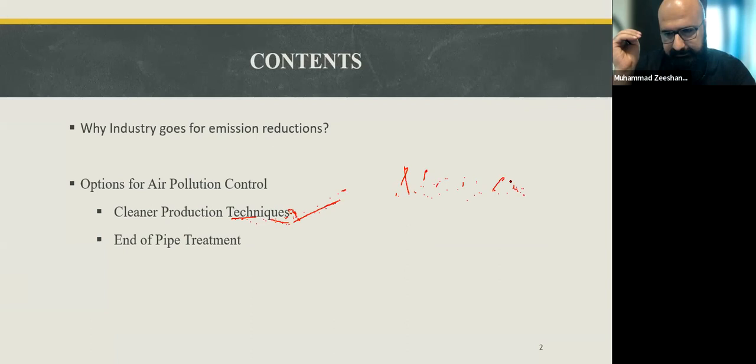All those efforts which are done to reduce those emissions, we produce the same 1 ton of cement, but producing a lesser amount of emissions, less than X ton, would be categorized as cleaner production techniques. But no matter to what degree we reduce the emissions, still there would be some emissions at the end of the process. So to cater to those emissions, we have end of pipe treatment. And we are going to talk about both of these options in detail in the coming slides.